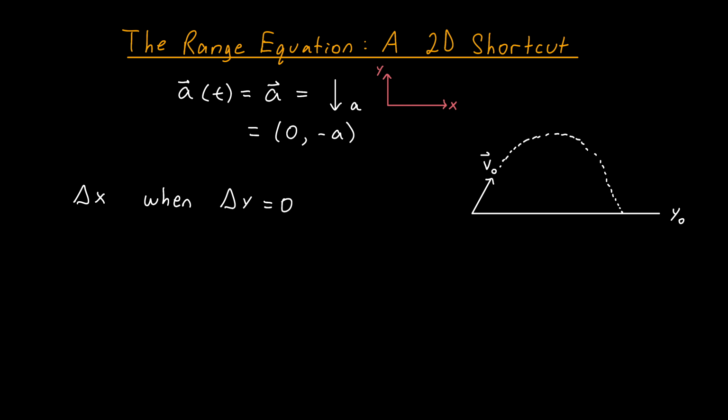It doesn't have to stop moving there, but in this problem, we're interested in how far it travels in the x direction by the time it comes back to its original level of y.